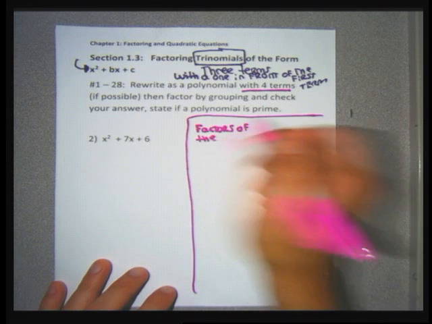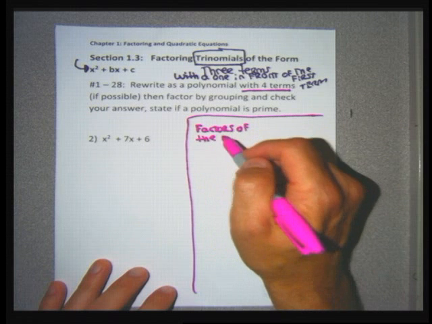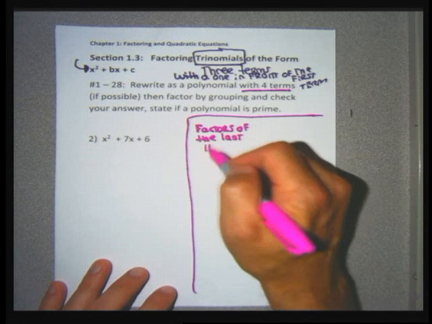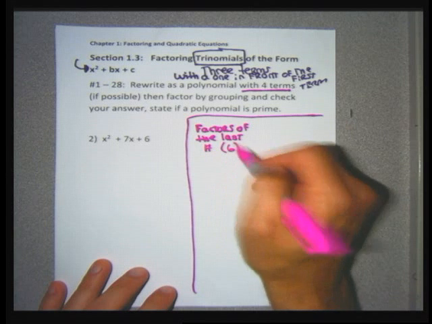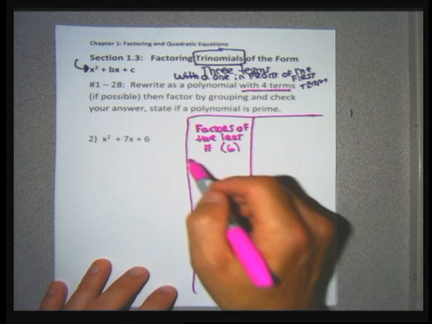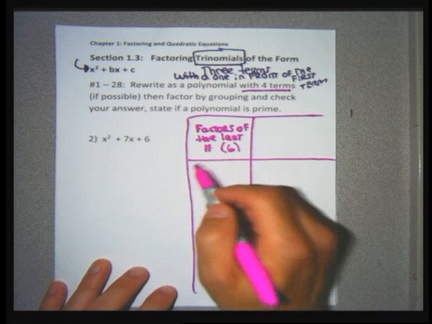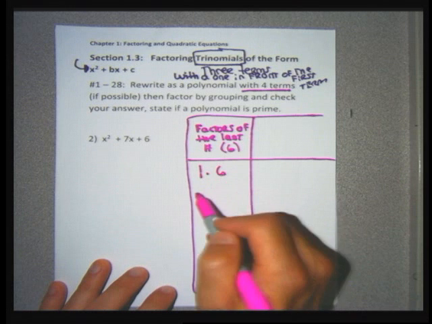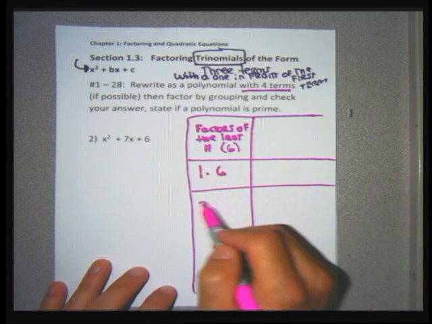The first column in my table is going to contain the factors of the last number. In this case it's 6. So in my first column of my table, I'm going to put the factors of 6, which are 1 and 6, and 2 and 3.